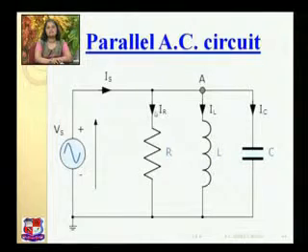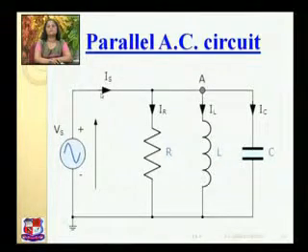IR is the current passing through the resistance only. IL is the current which passes through the inductor only, and IC is the current which passes through the capacitor only. So when you consider the parallel circuit, the current passing through each element is different. Here it is IR, here it is IL and here it is IC, and total current is Is.